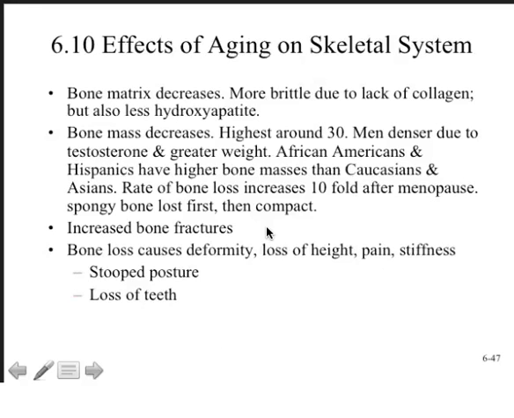Very often we'll see a stooped posture, a hunchback, kyphotic kind of posture that is characteristic of osteoporosis, particularly in the vertebral column. And we'll also see loss of teeth. And again, this is all due essentially to a reduction in the number of viable cells. There are fewer cells to build and remodel bone, there are fewer cells to repair injury, and as a result, when damage occurs, it heals much more slowly.